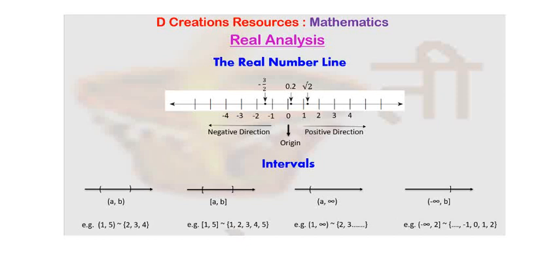Now, if you want to speak more about open intervals, you can say that the set of all real numbers that lie strictly between two fixed numbers A and B is called an open interval. When you say all the numbers lying between A and B, we understand that A and B themselves are excluded.